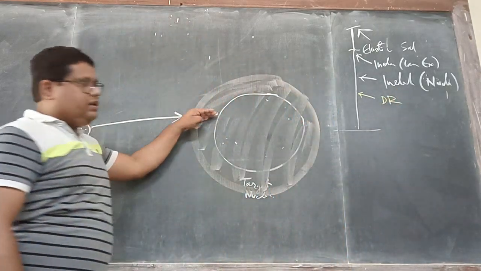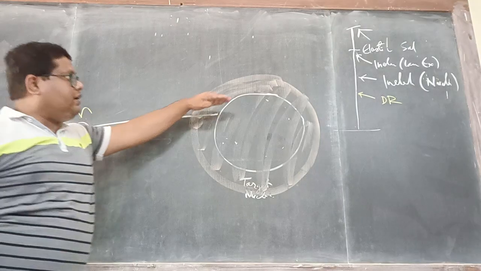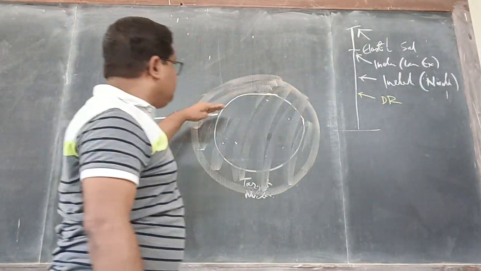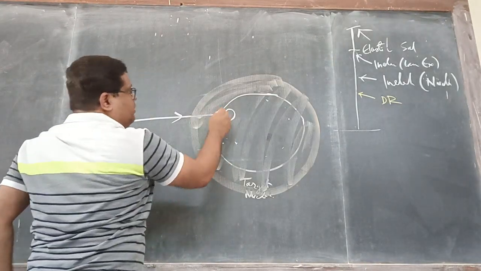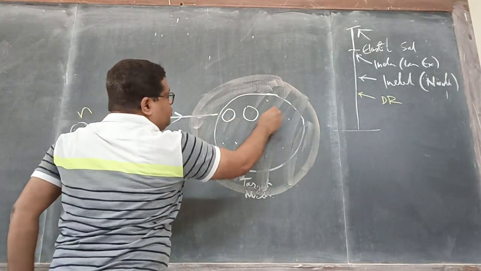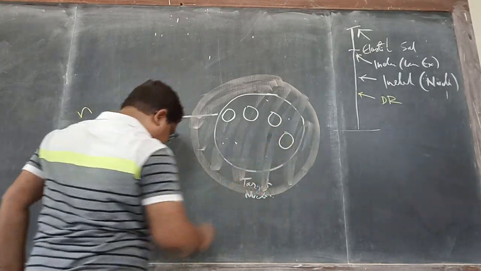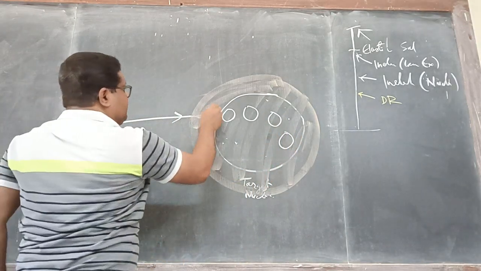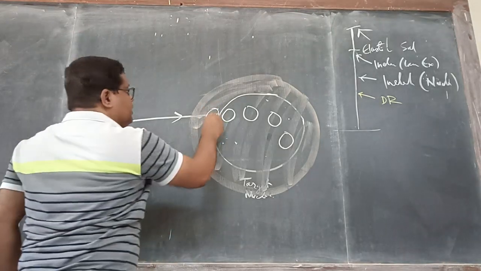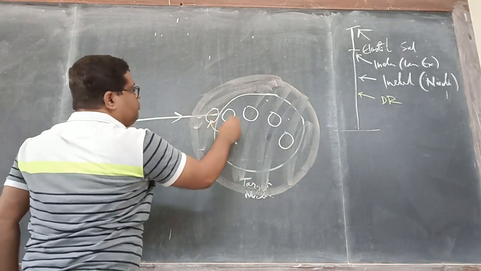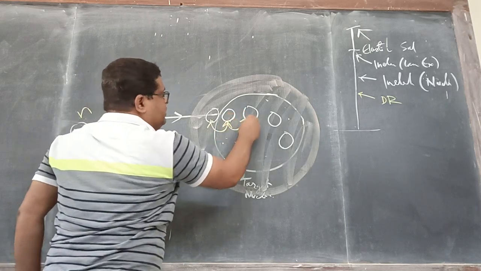Now what happens over here? You see, when the impact parameter is slowly decreasing up to this range, there is a possibility that this projectile will interact with the nucleons inside the target. Suppose this is my projectile over here, as a result of which there will be transfer of momentum and energy.